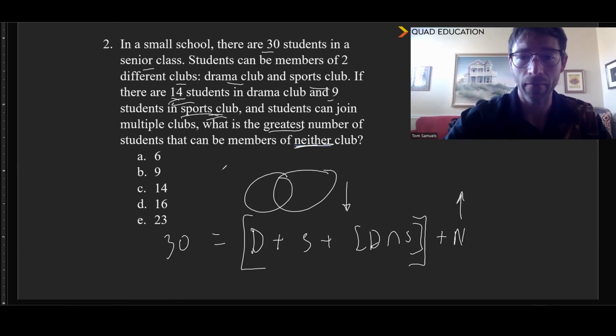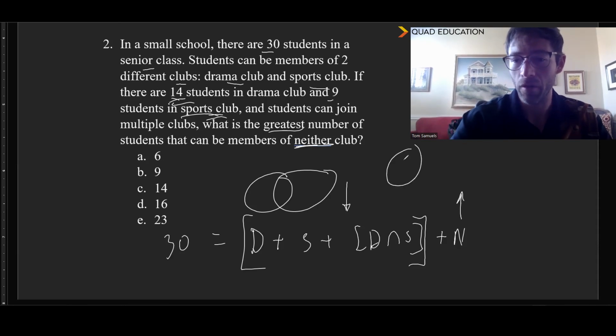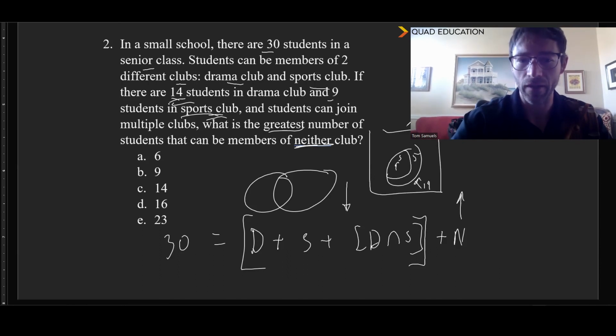So that's to say that there are only 14 students in both between them because it's a total overlap. We have 9 students in the sports club and then an additional 5 students in the drama club for a total of 14 students in the whole population. Then in the box outside of here, we only need to add 16 to get to our 30.